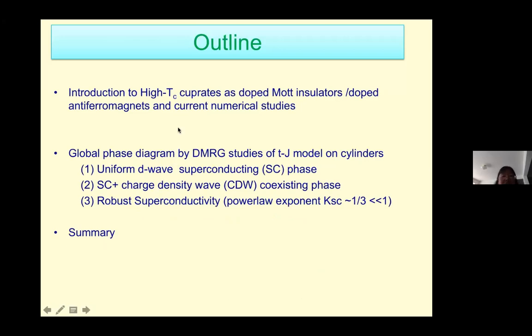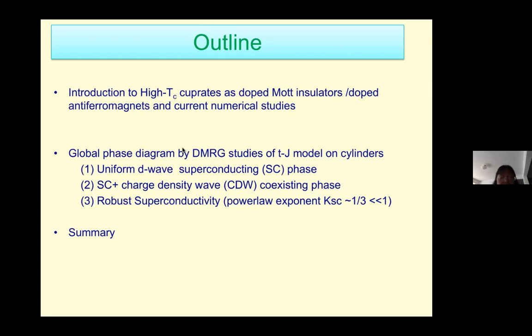So that is the outline of my talk. I'll first give a very brief introduction about the high TC Cuprates as the doped Mott Insulator, and discuss some of current numeric works. Then in the second part of my talk, I present the global phase diagram based on our recent DMRG study of TJ model on cylinders.